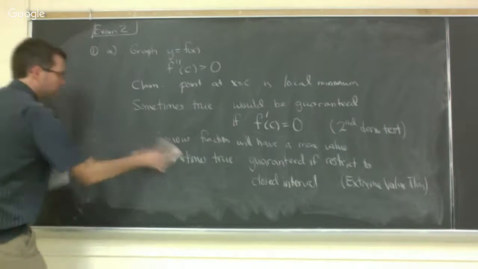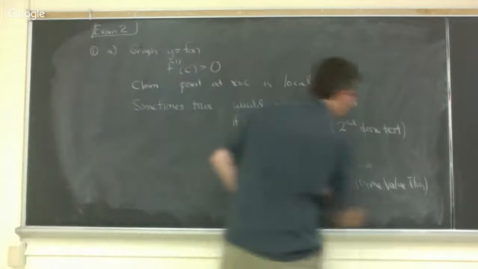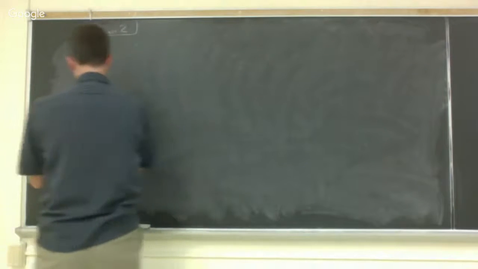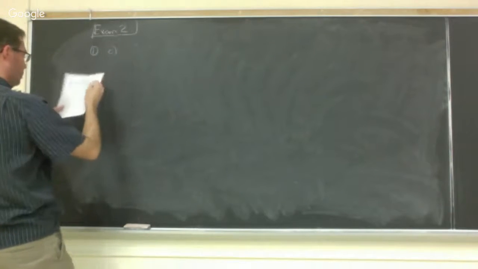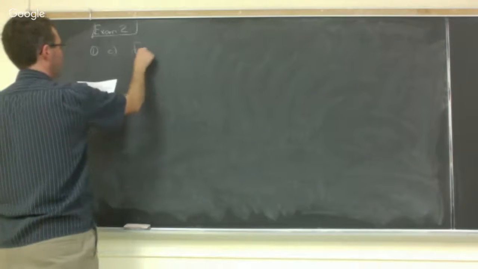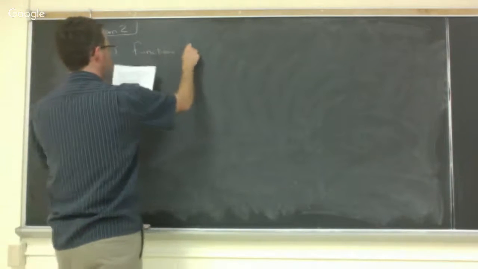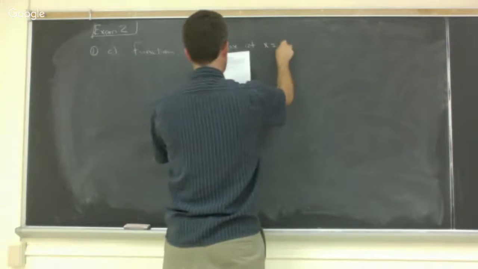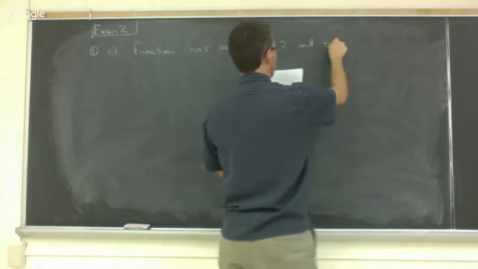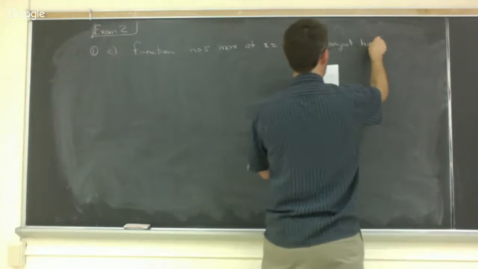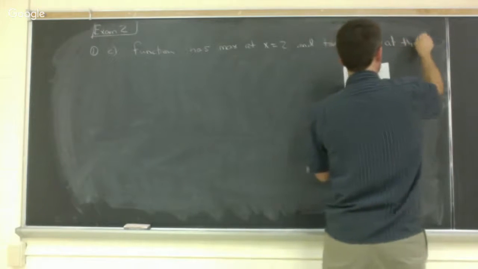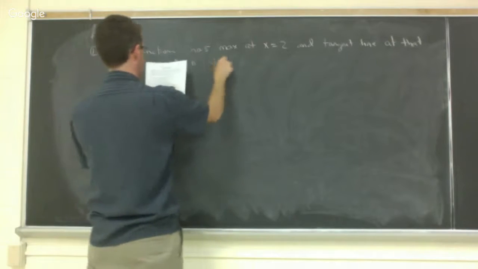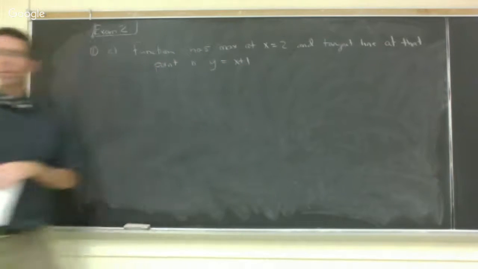Okay, so let's see, part C. A function has a maximum at x equals 2 and a tangent line at that point is y equals x plus 1.